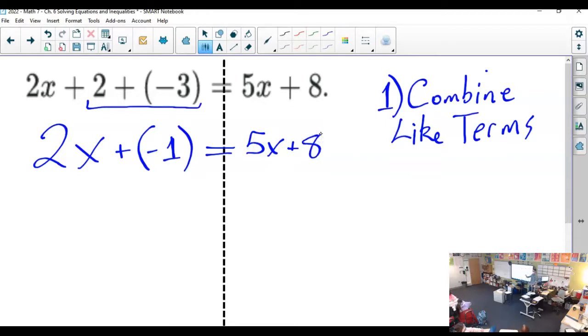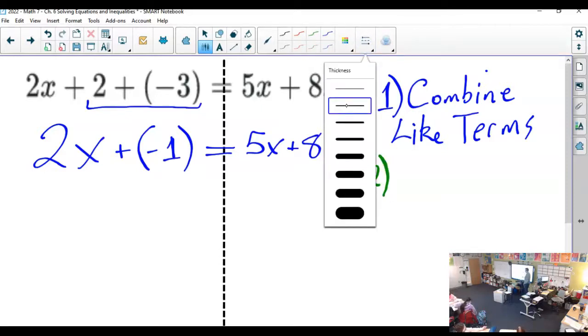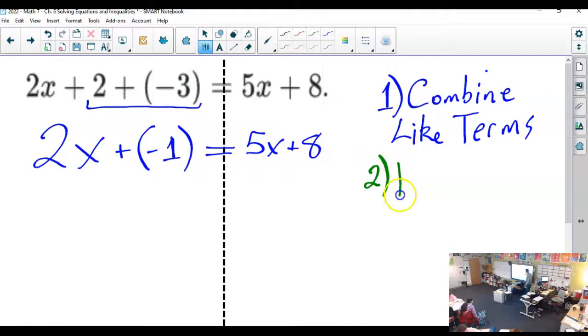Anyone able to tell me what we're doing next, John? Take the 2x away from the right side and the left side. Yeah, so how I kind of say this, and a lot of times people tell you not to do this: pick sides. What I mean is, guys, one of the sides is going to be our variable side. The other side will be the constant side.